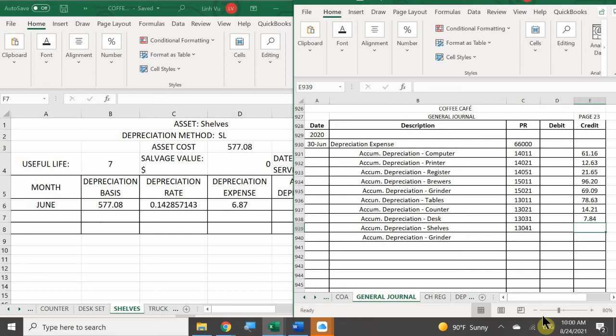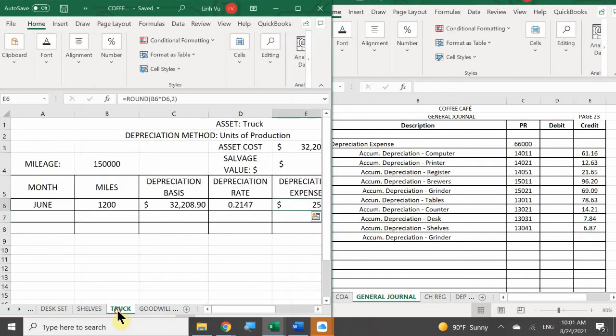How much am I going to depreciate the shelves for? $6.87. Okay. And then finally, last but not least, we're going to depreciate the truck.